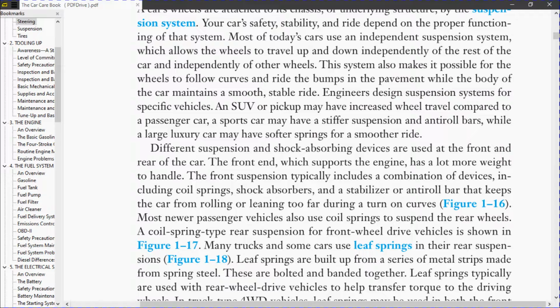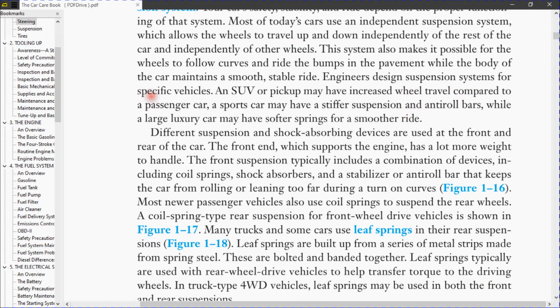Engineers design suspension systems for specific vehicles. An SUV or pickup may have increased wheel travel compared to a passenger car. A sports car may have a stiffer suspension and anti-roll bars, while a luxury car may have soft springs for a smooth ride.